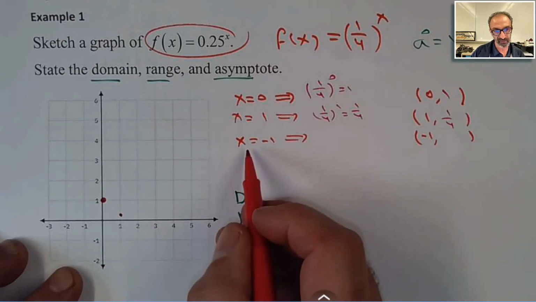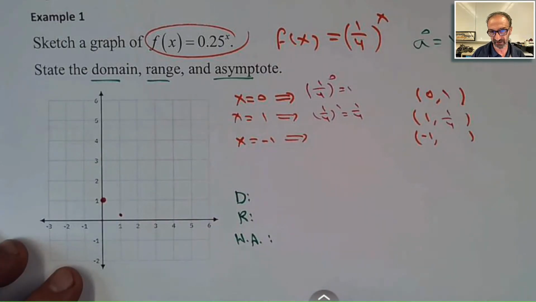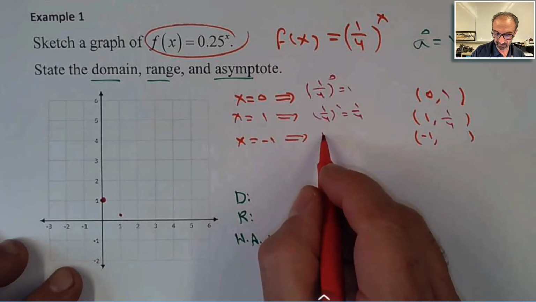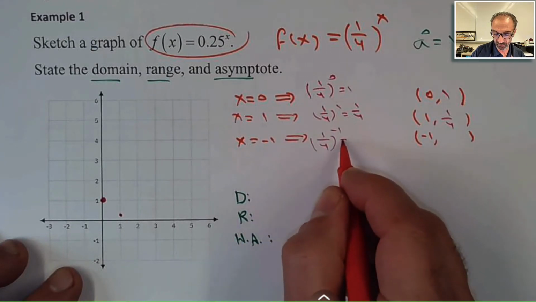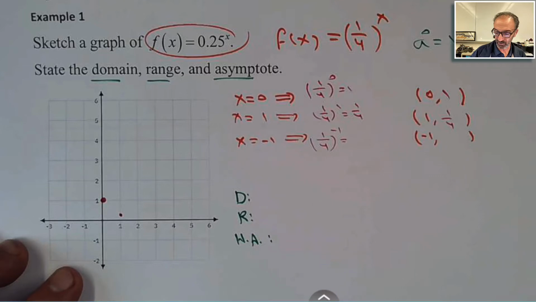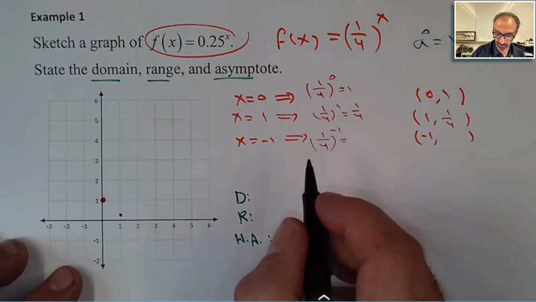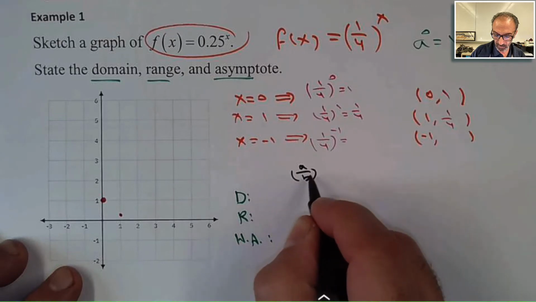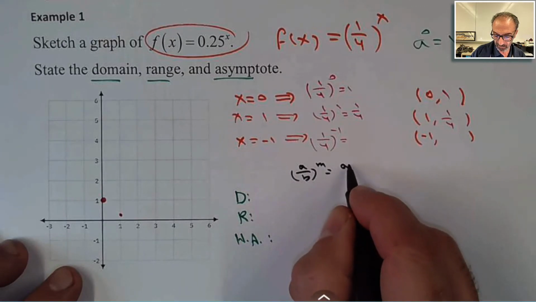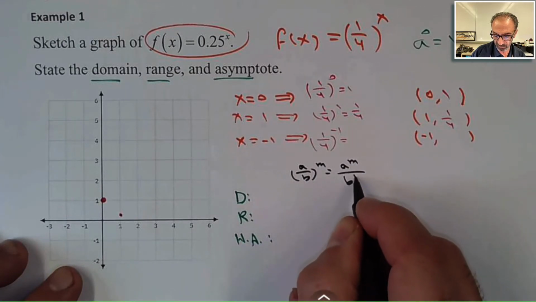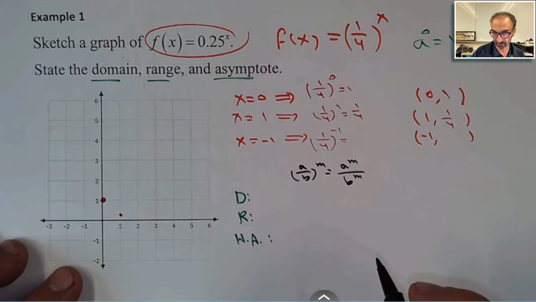Now x equals -1. We have to see how to deal with negative exponents. So that's going to be 1/4 to the power -1. Apply the rule that says a over b to the power m is a to the power m over b to the power m. So I'm going to do that.